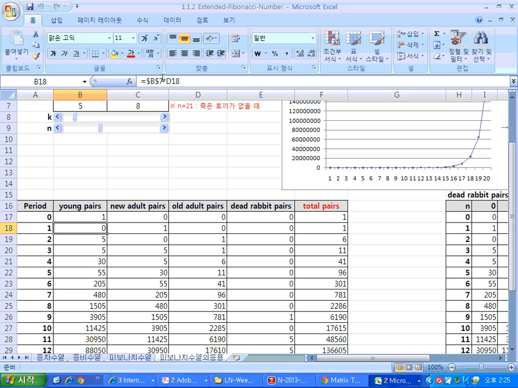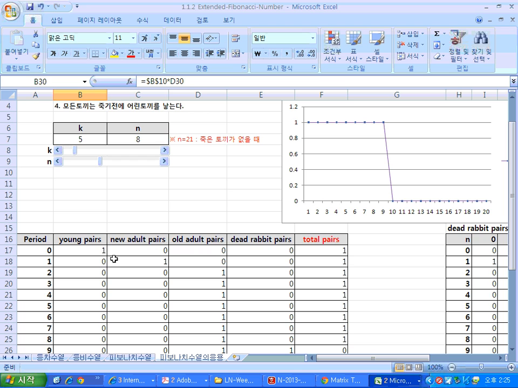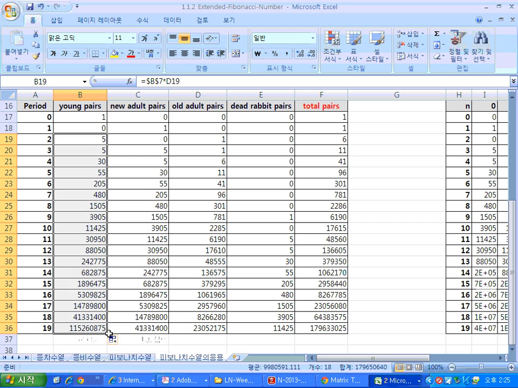For example, if we make some changes here, instead of 7, if we make 10, then that will make a different model. If you make the copy of these two, then it will make a totally different model.